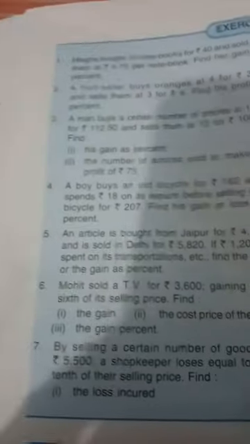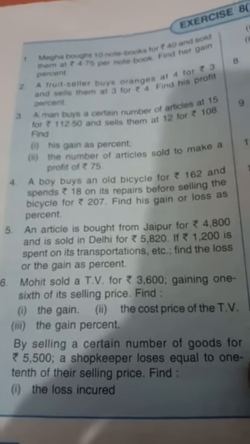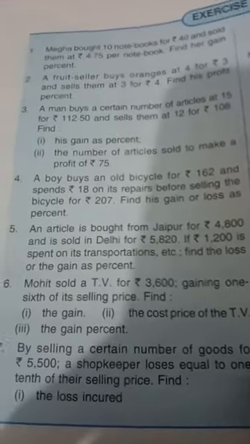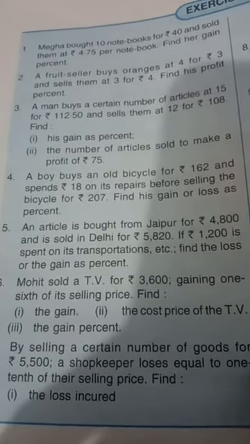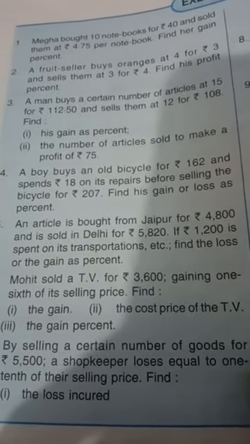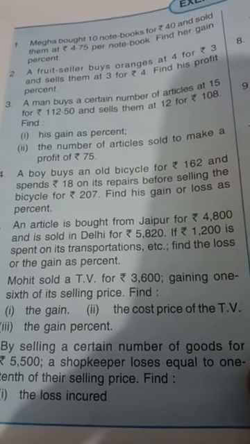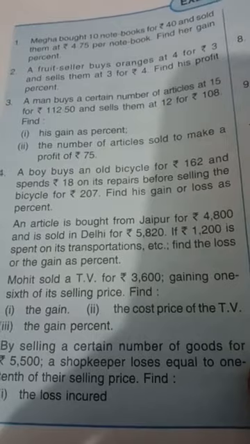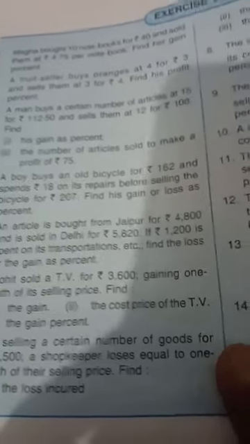Question number 5. An article is bought from Jaipur for rupees 4,800 and sold in Delhi for rupees 5,820. If rupees 1,200 is spent on its transportation, etc., find the loss or the gain as percent.